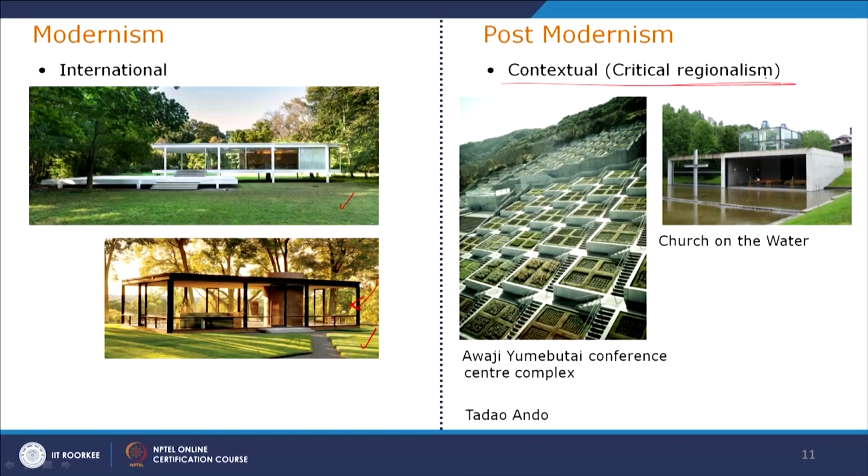But here in contextual design, critical regionalism, we have already discussed, we started talking about critical regionalism in the Dhaka Parliament building, how Louis Kahn took the texture of the eastern part of Bengal, bamboo, in the formwork, and how the water plays a major role around it, like a fortress.